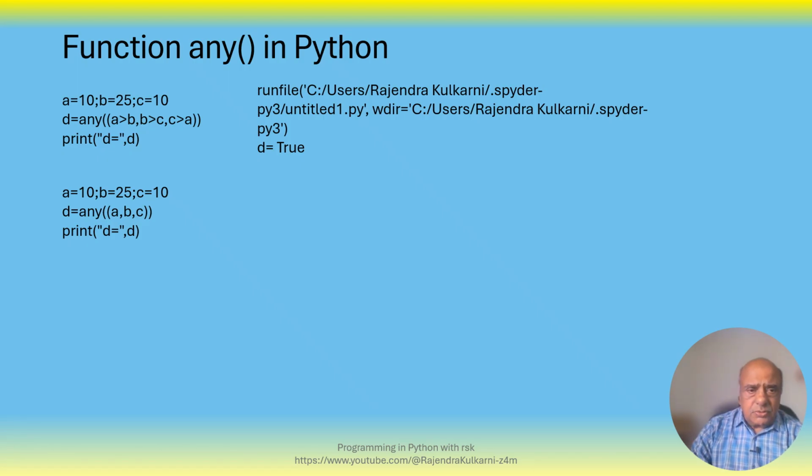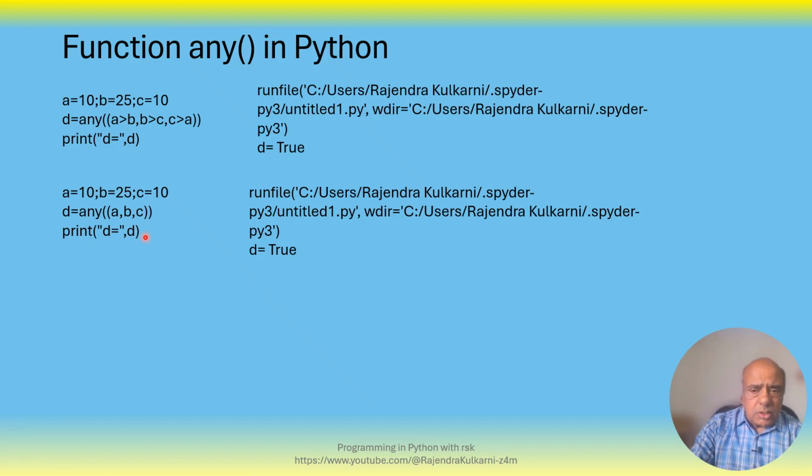D is equal to any A, B and C. Let us note here, A, B and C are separated by commas and are enclosed in a bracket or parenthesis, and the whole parenthesis becomes one single argument for any, and any will check whether A, B and C are true or false and will assign the resultant value to D. See, A, B, C all are true because all are non-zero, so the output is true.